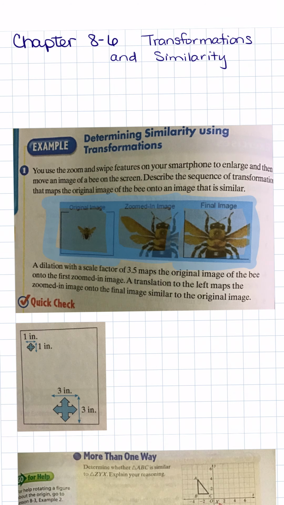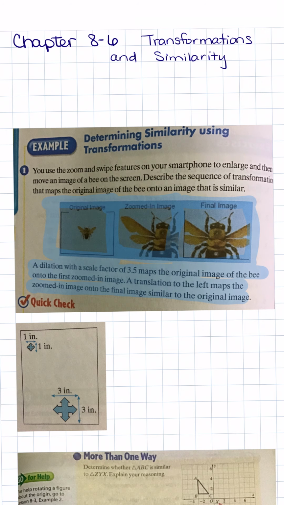So we will say a dilation with a scale factor of 3.5 maps the original image of the bee onto the first zoomed image. A translation to the left maps the zoomed in image onto the final image. So really today, your assignment is describing what happened.